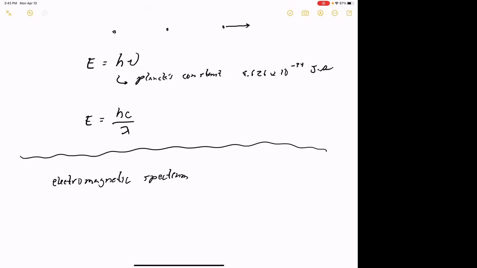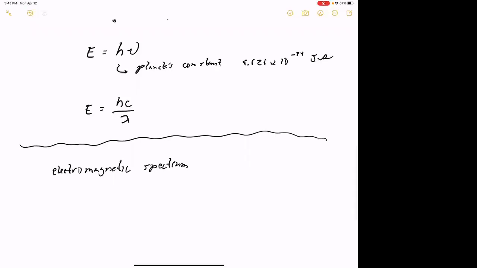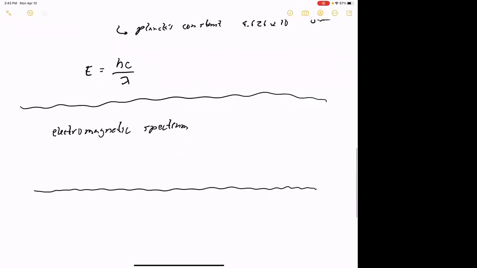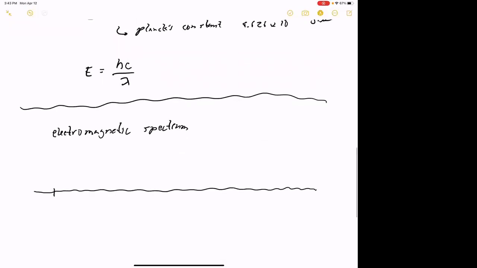I actually have the picture from your book that sort of shows this. So I'm just going to show it as sort of a number line here. So much for my ability to draw a line here, but that's just not going to happen. So way down on the short wavelength end, this is small lambda here. And way up here, we're going to have large lambda, long wavelength.